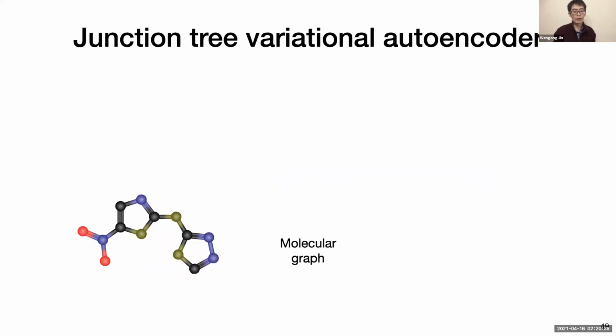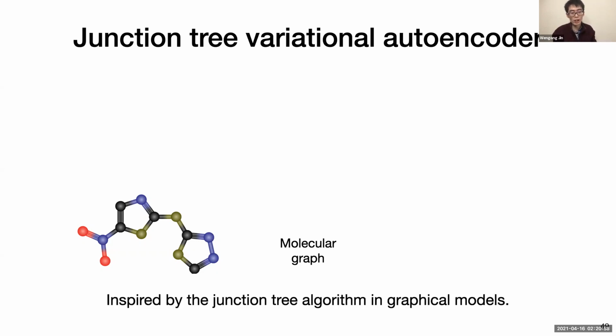To explain this, I will explain my model called the Junction Tree Variational Autoencoder that utilizes this low tree width prior of the molecule. This method is inspired by the junction tree algorithm in classic graphical models.